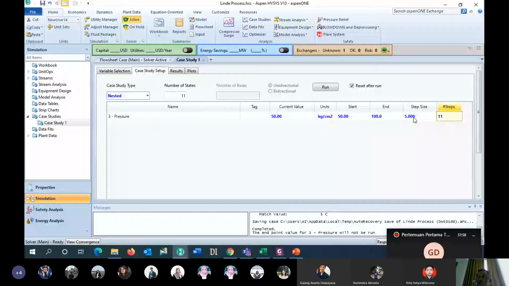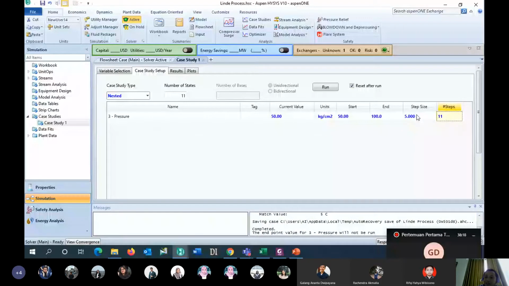So the sensitivity study has an increment of 5 kilo, starting from 50, going up to 55, then 60, 65, until at the end around 100 kilo.